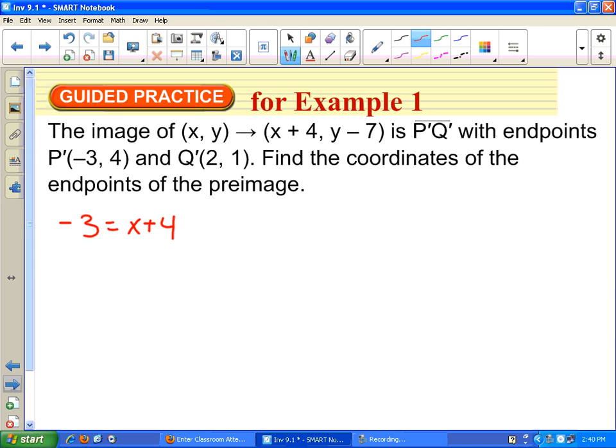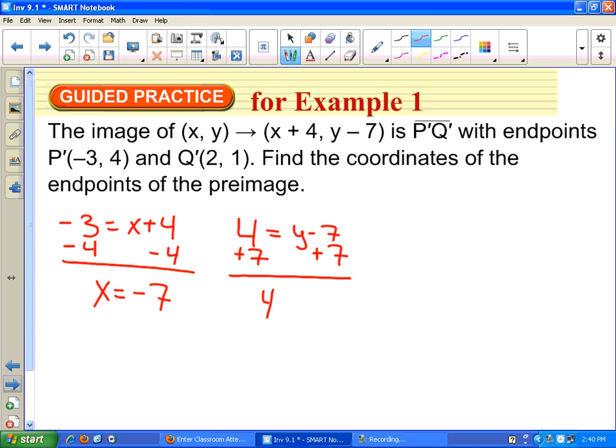We're just going to solve it like we normally would. Then 4 equals y minus 7. So instead of adding 4, we subtract 4. x equals negative 7. Over here, add 7. y equals 11. So we know that P is at negative 7, 11.